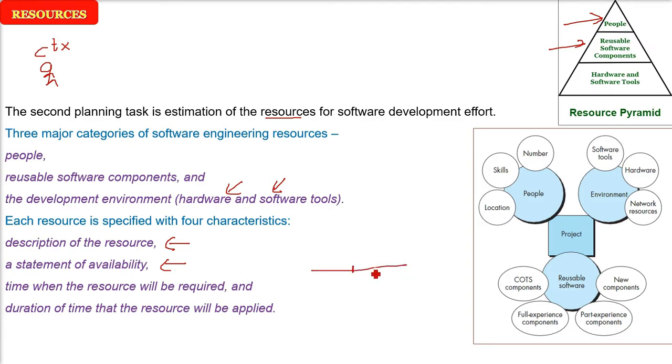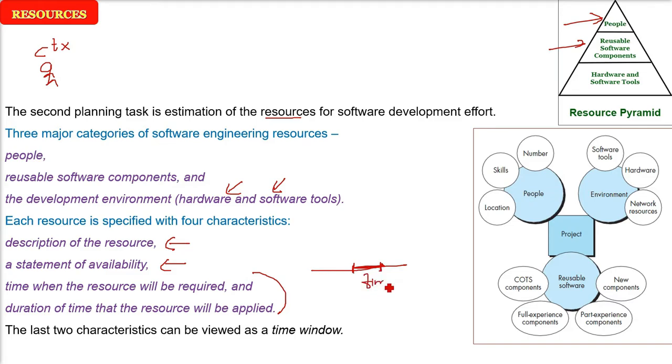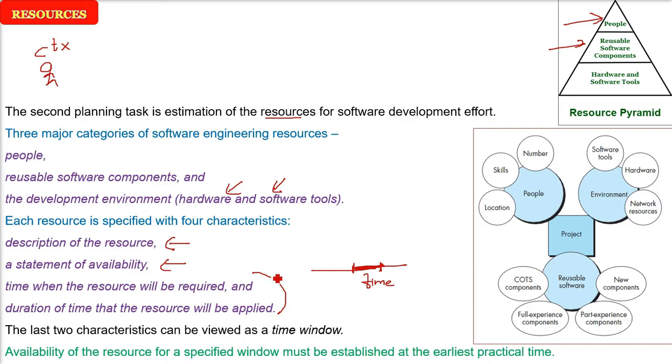For example, we need it for this much time. So this is a time window. The last 2 characteristics which we just saw can be viewed as a time window. And availability of the resource for this particular time window must be established, as a planner or as a manager, at the earliest practical time. This is required.